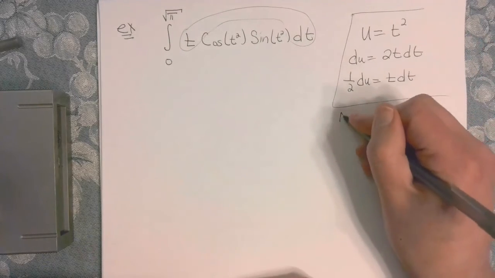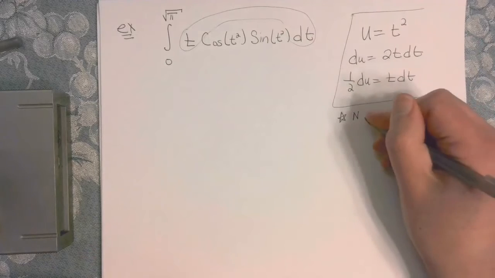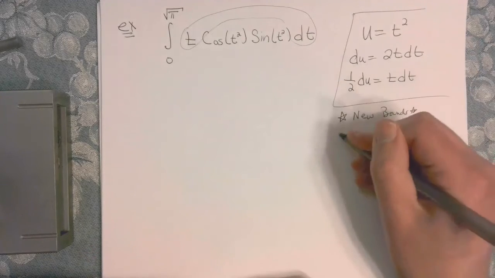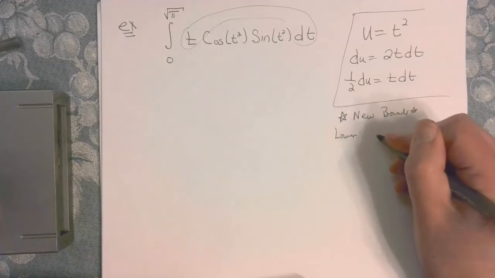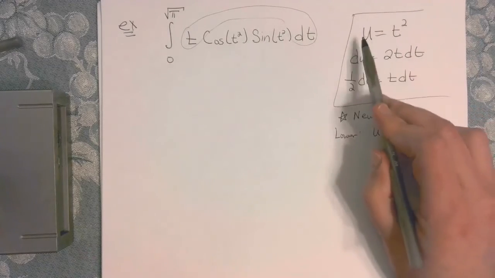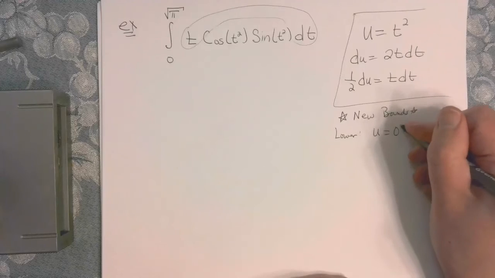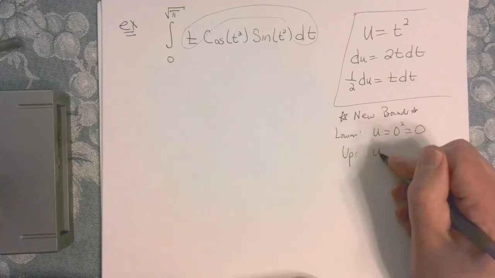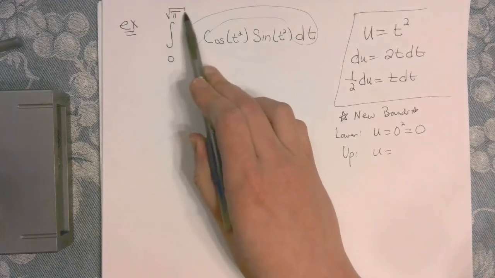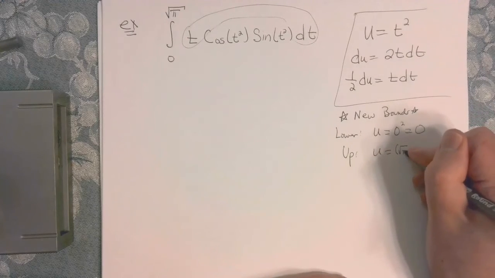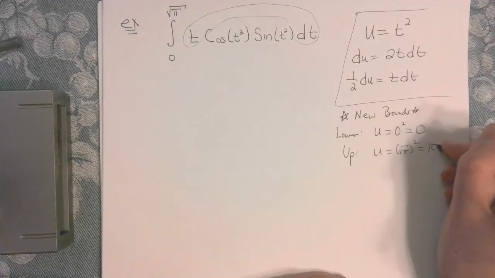And then we want some new bounds, right? Every time we switch variables, we want to get corresponding new bounds. Okay, so remember t goes in for t here, and that's going to kick out a u bound. So it's going to be 0 squared, so it looks like 0. And then for our new upper bound, this t value goes in for t here, and that's going to give us a u bound.